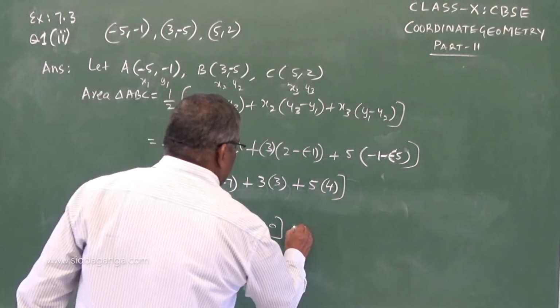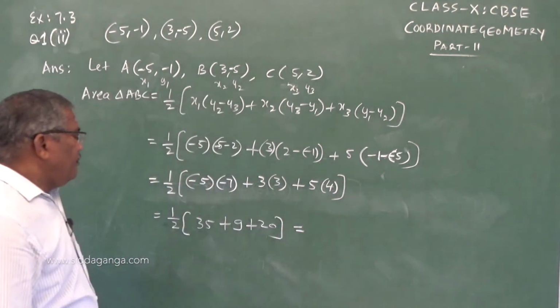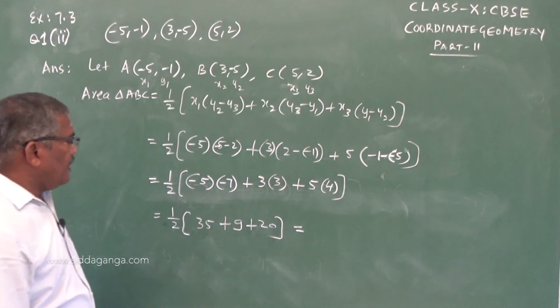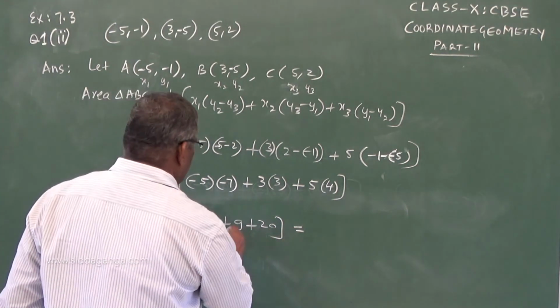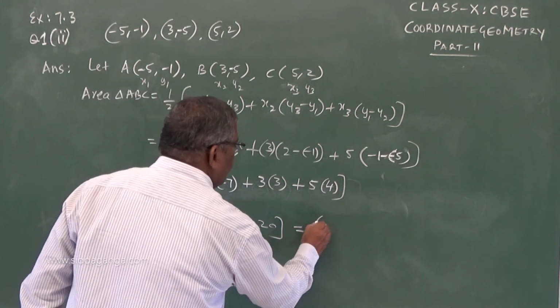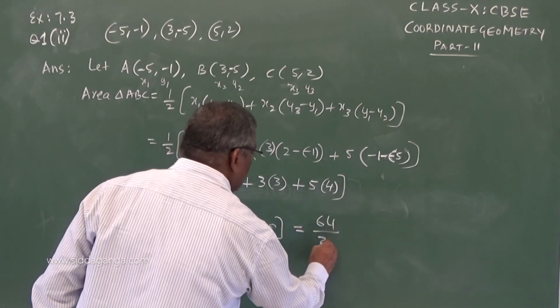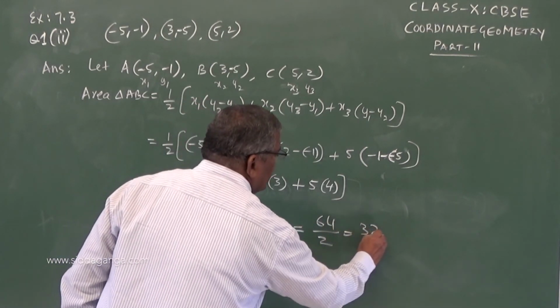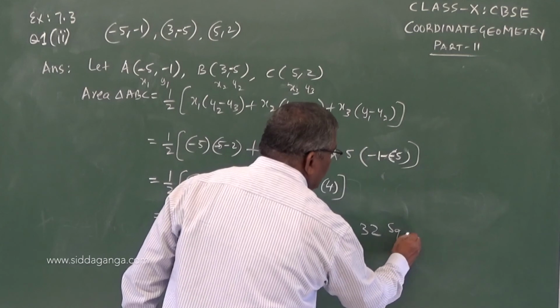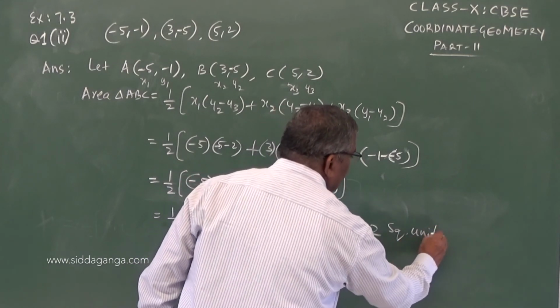So this is 20 plus 35, 55, plus 9, 64 divided by 2 equals 32 square units.